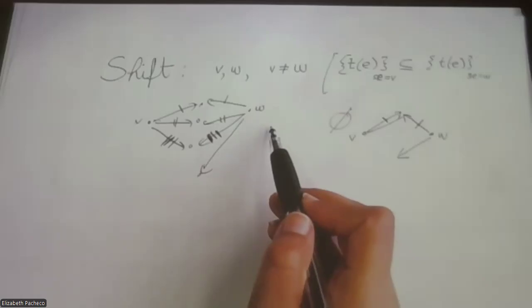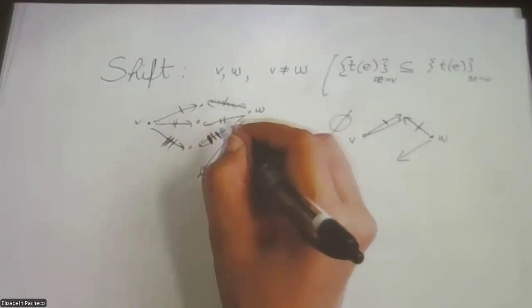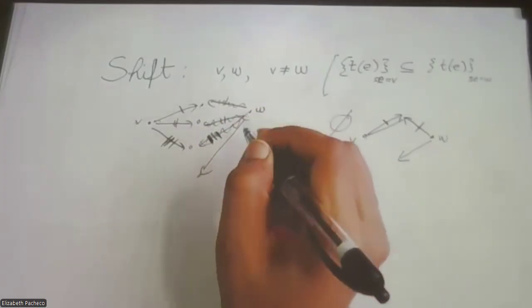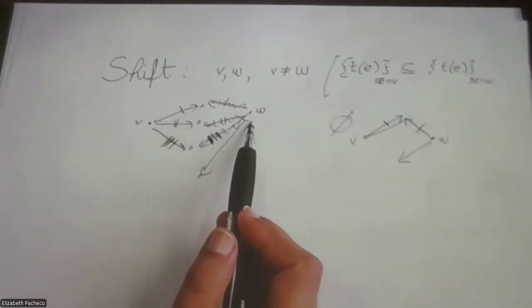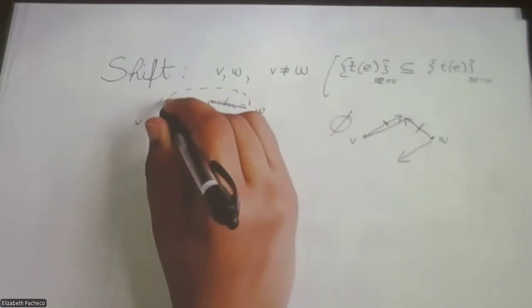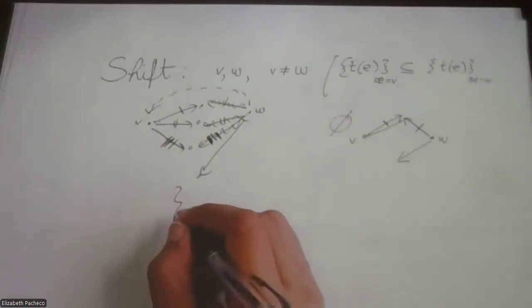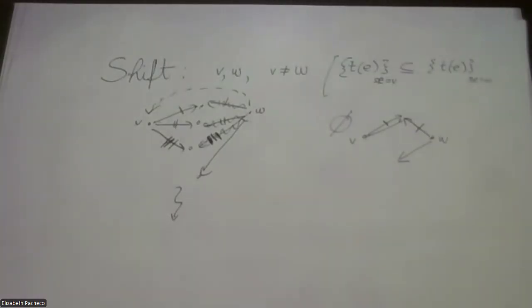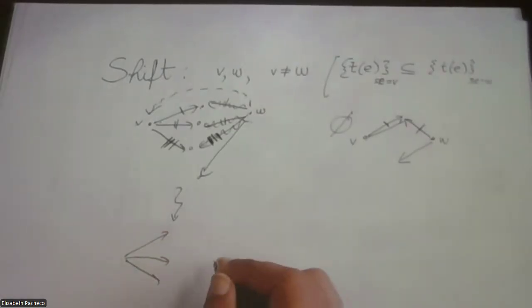Okay, once you do that, generally W can have more arrows coming out. You choose to erase the arrows that have been matched up. You keep the others, and for the arrows from W that you took away, you say, I can get to the same place by adding another arrow that goes from V to W. Oh, sorry, from W to V. Let me show you what the result of shift would be.